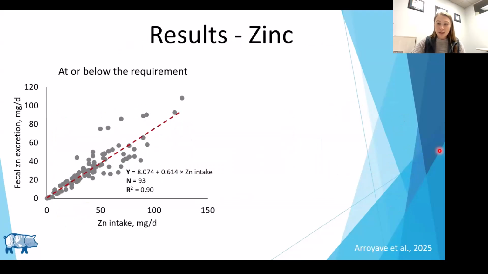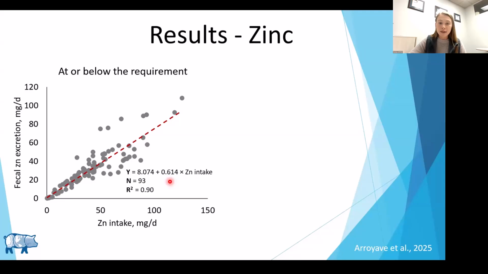So to begin breaking down the results from this analysis, I'll start with zinc. And as I had mentioned, we see that the first model we have is at or below the requirement. And what we see is about 61.4% of the excretion is driven by this model or accounted for in this model. And really the main factor was zinc intake.